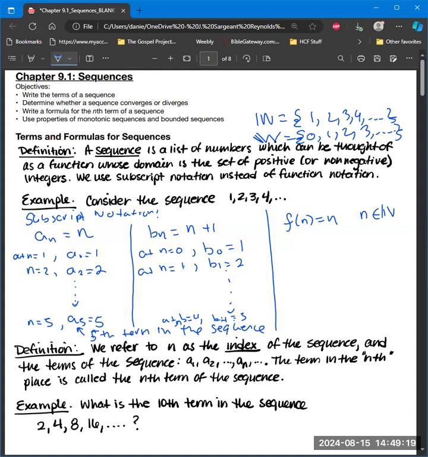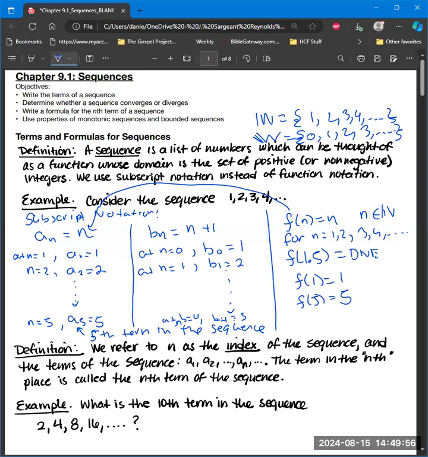This is going to be defined for n equals 1, 2, 3, 4, and so on, the way that I've defined it. But if I try and find f of 1.5, for example, that does not exist because 1.5 is not an element of the natural numbers. But f of 1 would be 1, f of 5 would be 5, and so on. This is the function form of that first one where I indexed it with the natural numbers.